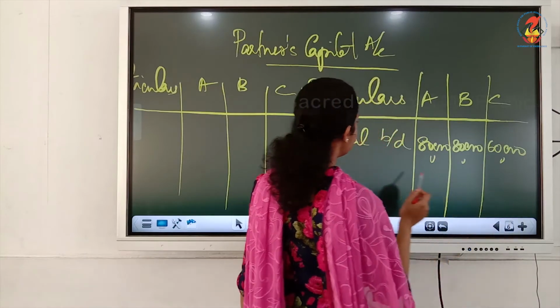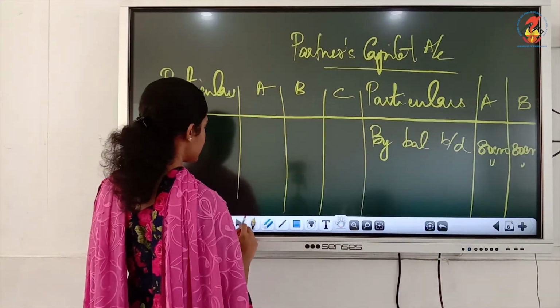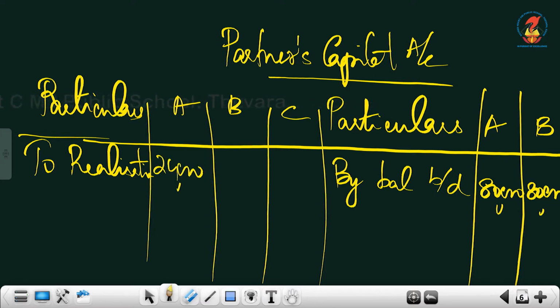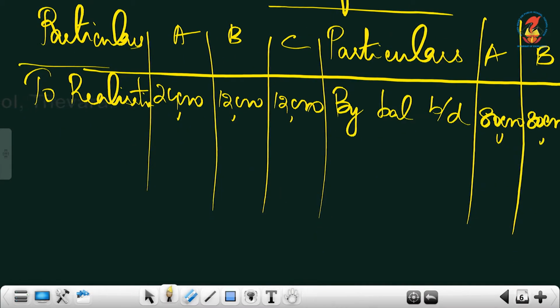So now we can write it as to realization, or you write to loss on realization, both are correct. To realization amounts are the loss 24, 12, 12. Understood?